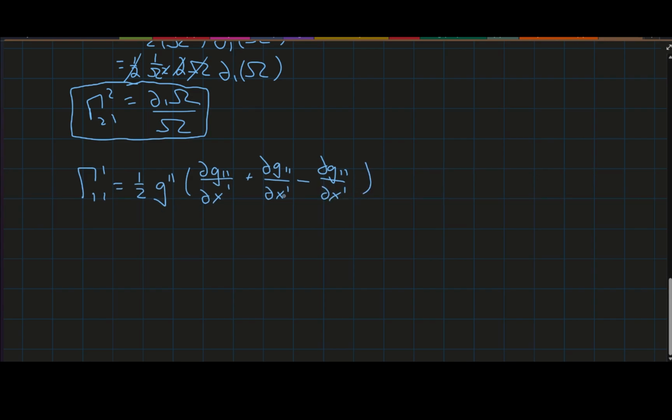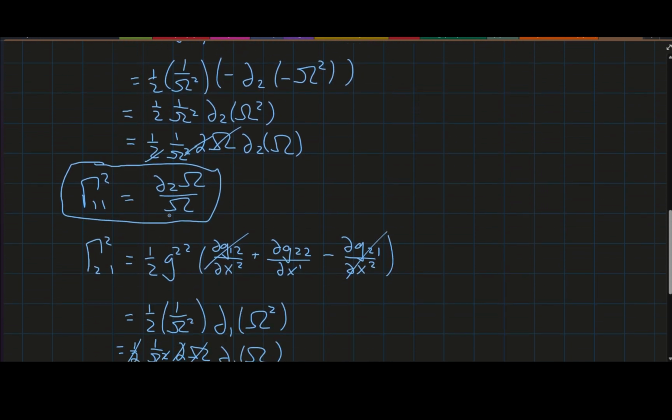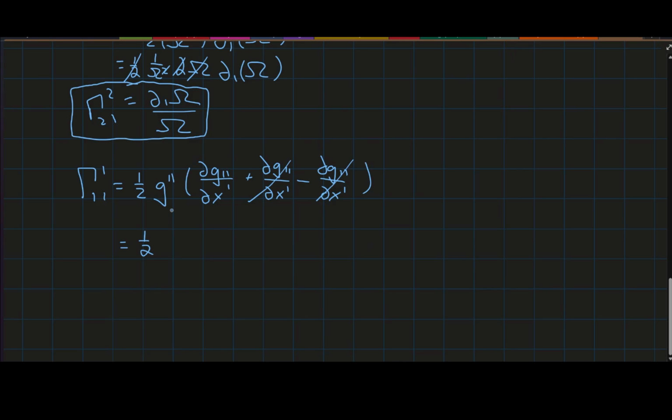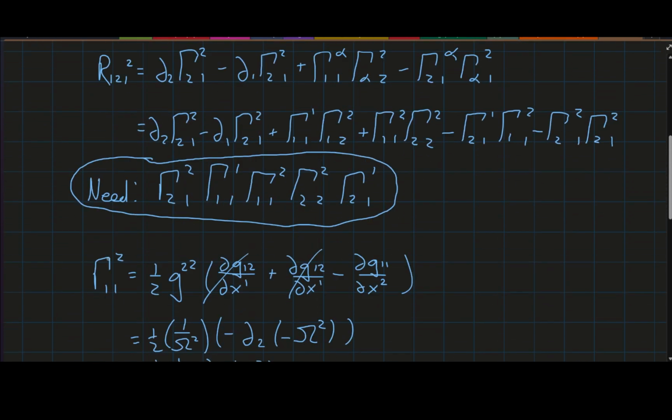So at first glance, it looks like there's going to be a lot contributing here because these aren't off diagonals, but these ones actually just cancel with one another because they're the same. So we end up with 1/2 inverse G11 is going to be minus 1 over omega squared. And then we get d1 of G11, which is what? Minus omega squared.